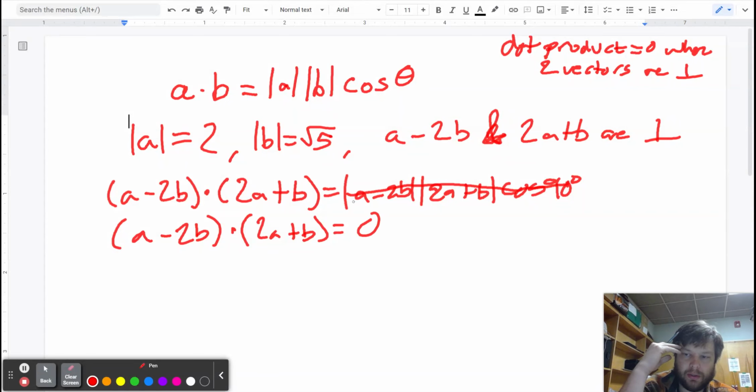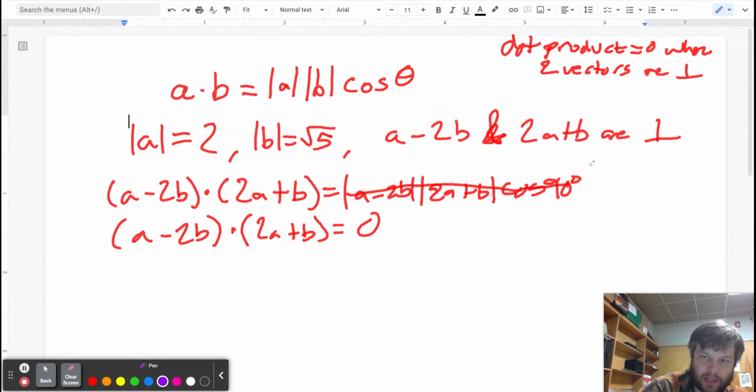So what I'm going to do is look back at our different properties. There's a couple different properties of the scalar product, and one of them is that you can distribute.